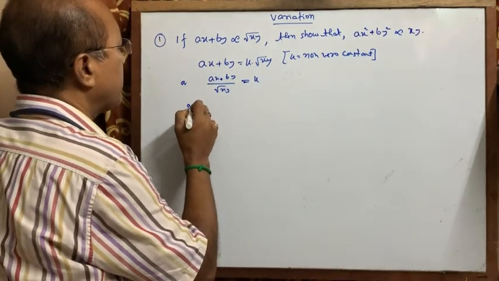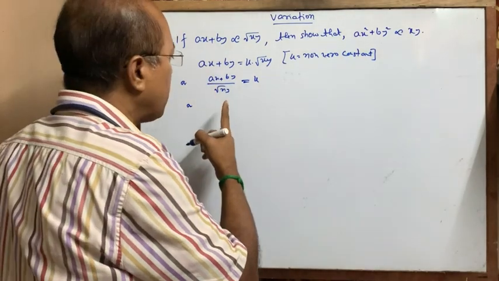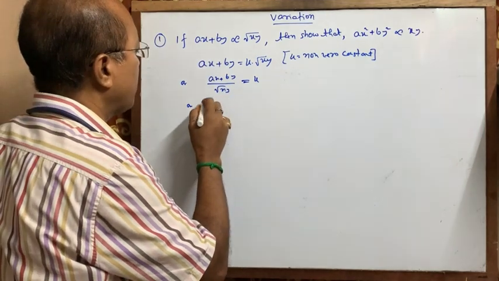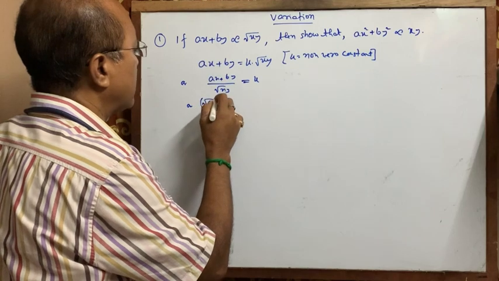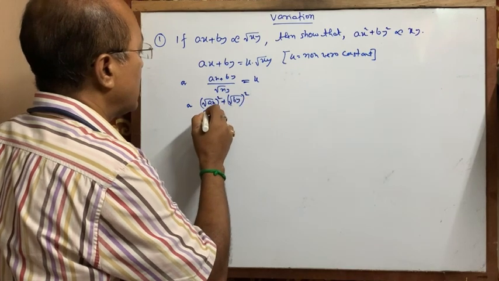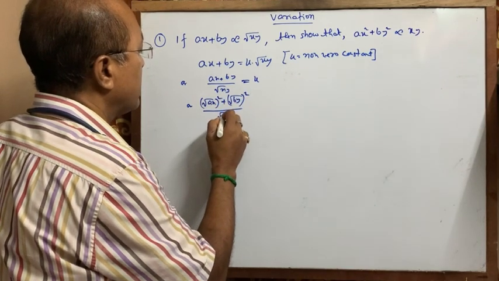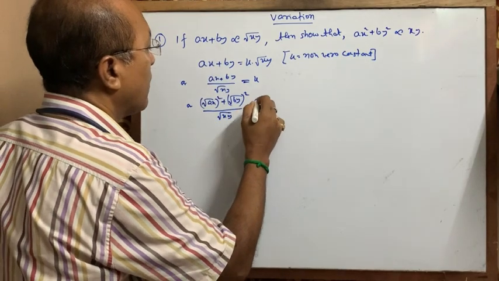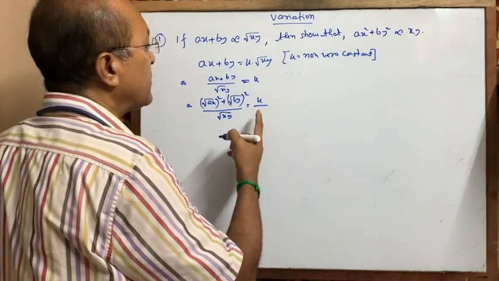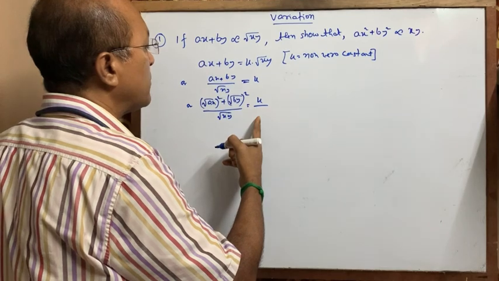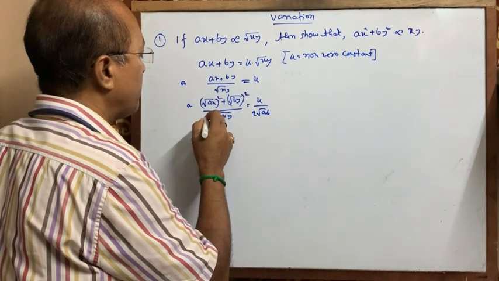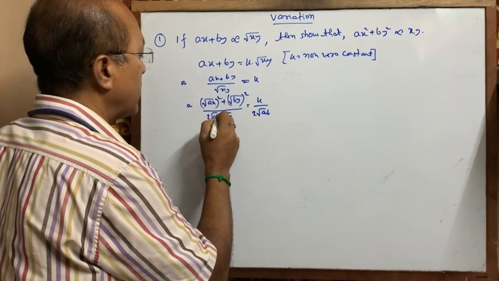Or we can write ax as root ax whole square, so root ax whole square plus root by whole square, divided by root xy. Now I am doing one thing: I am multiplying the denominator by 2 root ab.